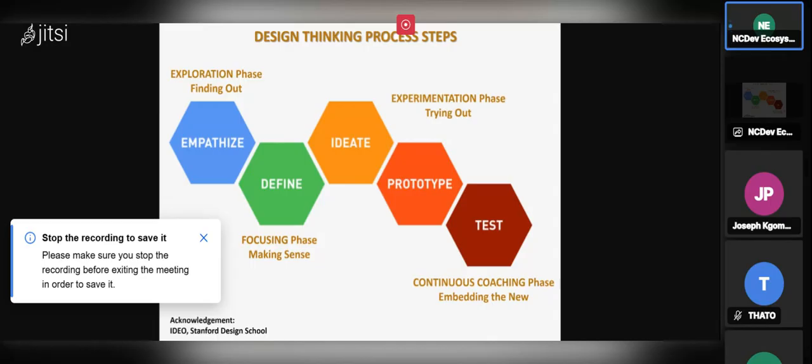It's just that you didn't use the iterative process. You didn't use design thinking in order to formulate that idea to become a sustainable idea that is worth looking at and actually spending your time on, right?